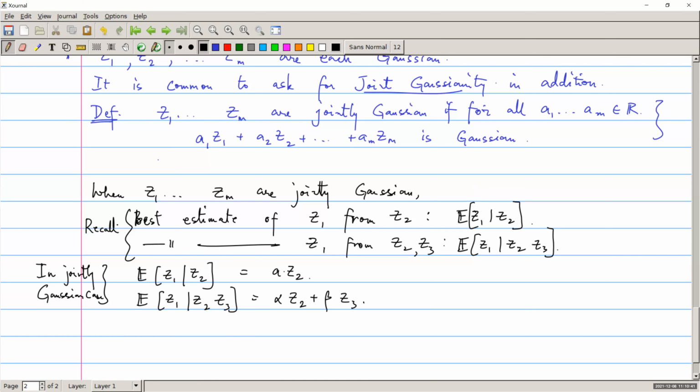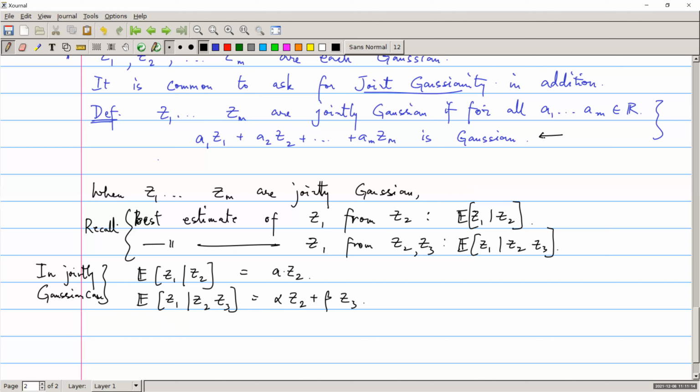So automatically the linear thing is the best thing you could do. There is no advantage to looking at nonlinear functions when you are estimating one jointly Gaussian random variable from another. This is actually the deeper reason why we like linear methods, and it is a direct consequence of this property. It is kind of a little miracle that happens when you have a bunch of Gaussians that are jointly Gaussian.